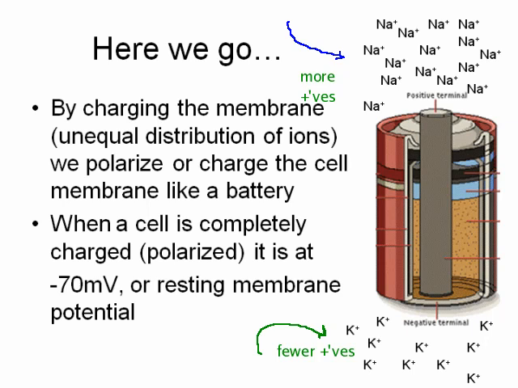Another way of looking at membrane polarization is to define it as an unequal distribution of ions. Isn't that what we have? We have a distribution of positive ions across the membrane, and the positive ions are not distributed equally.